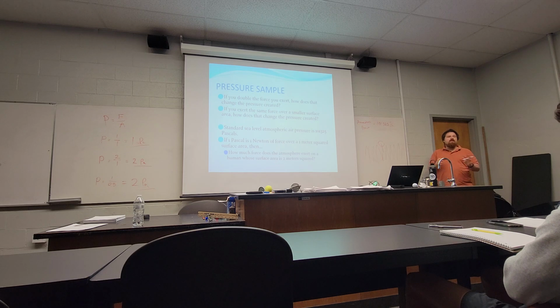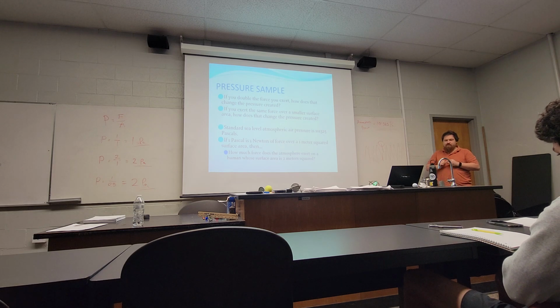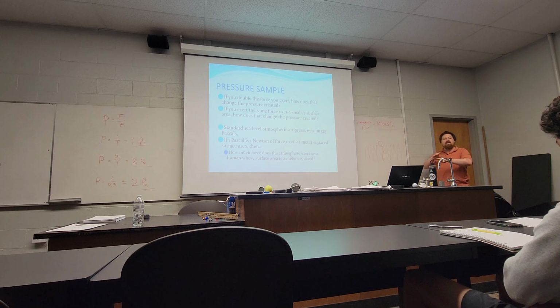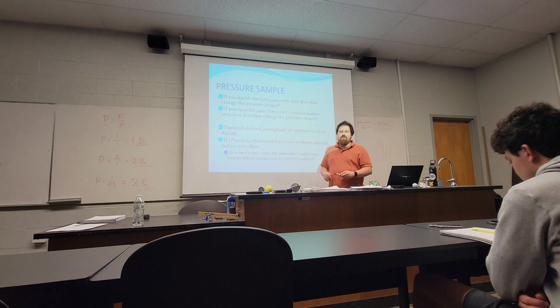So if at any point in media or some sort of cultural scenario you've seen someone sitting on a bed of nails, the fact that it's a flat bed of nails instead of one nail is the reason why this is possible. Multiplying the surface area cuts down the pressure, and pressure is what actually hurts you. Is that all right so far?